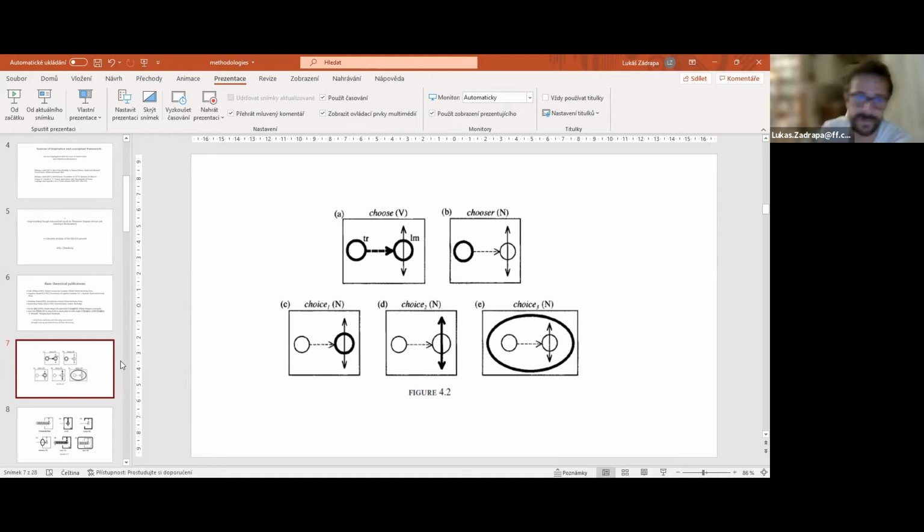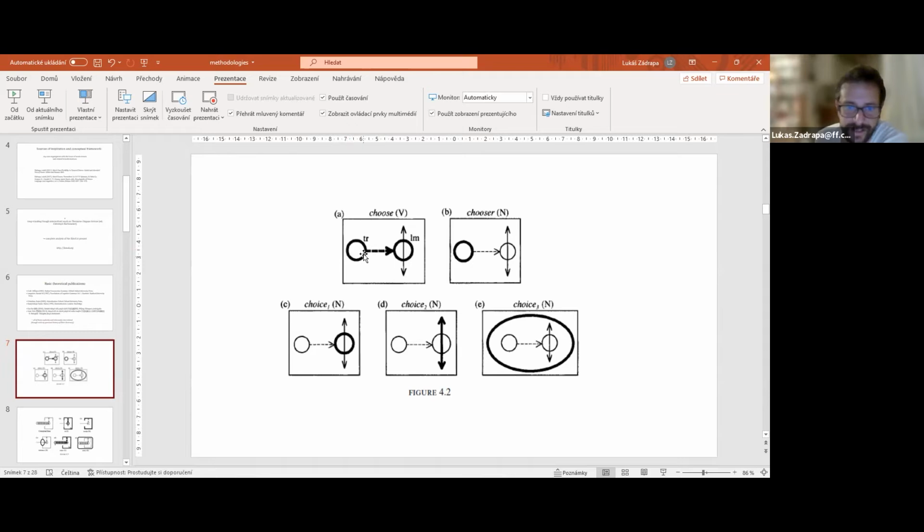In fact, we have this verb choose. We have this trajectory and landmark, which is in fact, in the traditional terminology, the agent and the patient, where the agent does something to the patient, which is a kind of spectrum of things, and one of the things is chosen during this process.